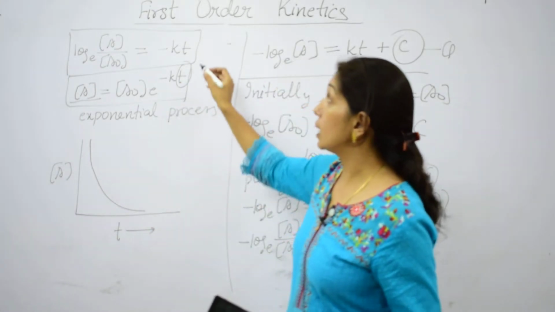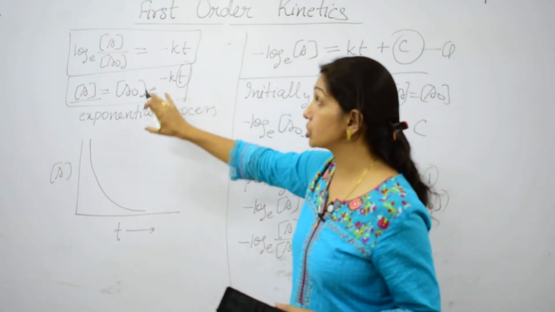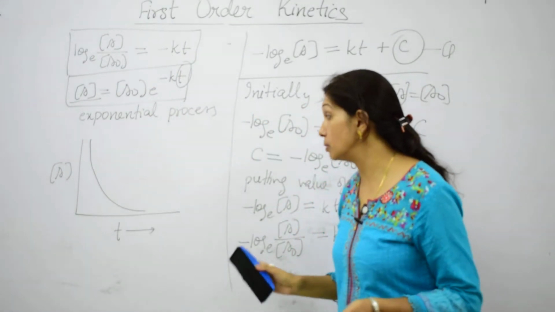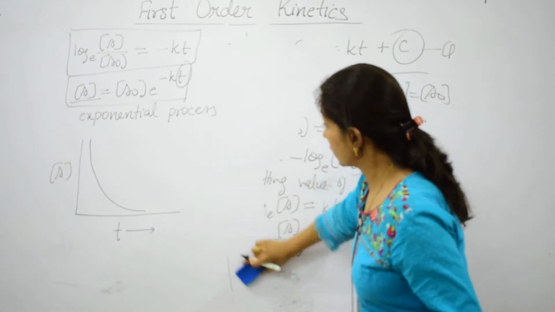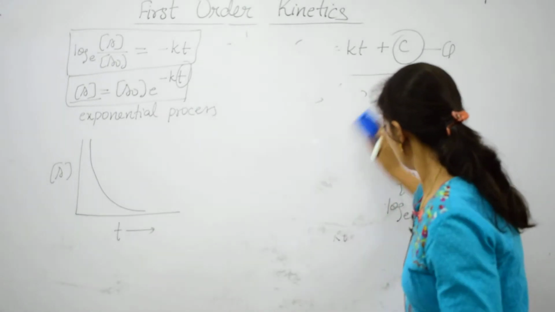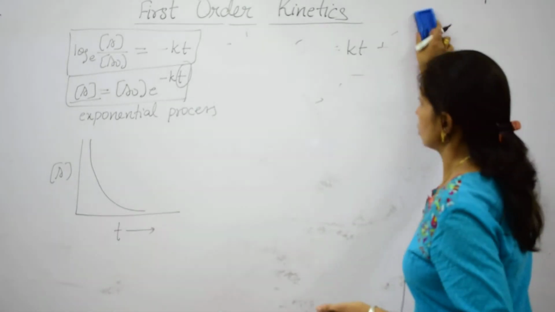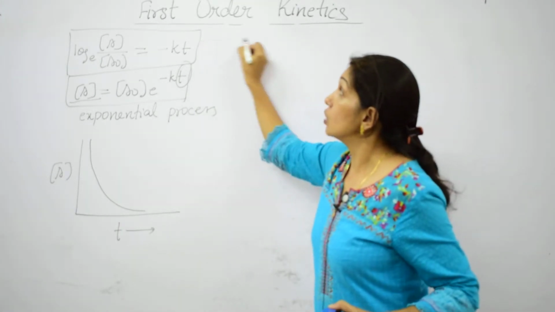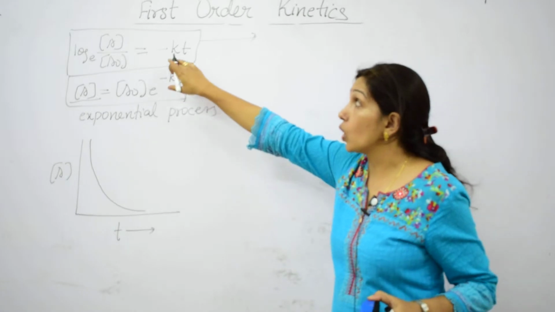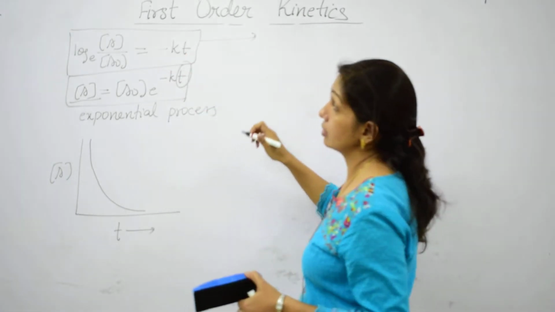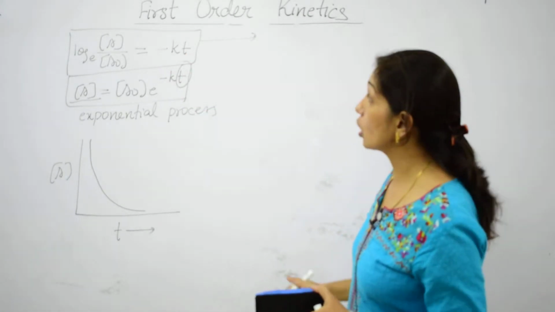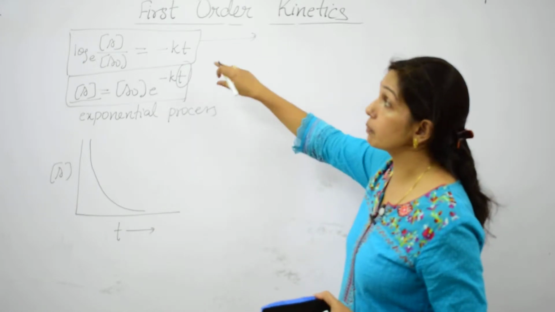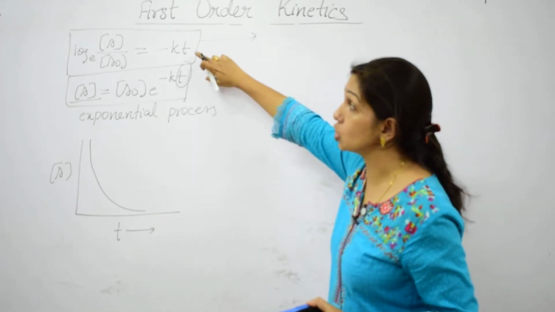To find out the value of time or rate constant in first order reaction, we can take the equation log base E A upon A naught equal to minus kt. On converting it to log base 10, we have to multiply it by 2.303.